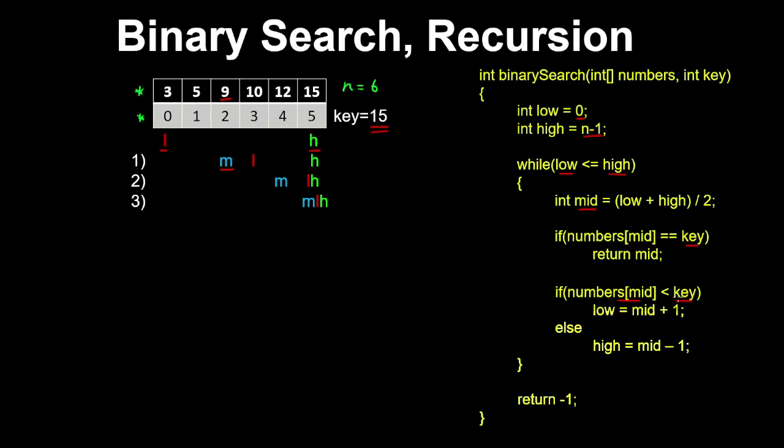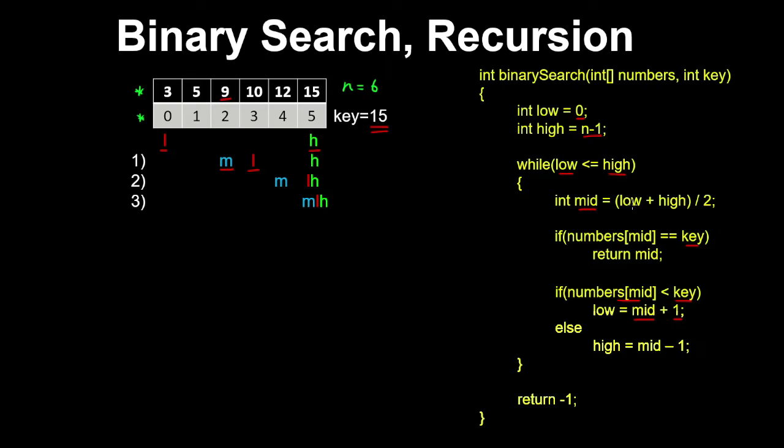And that's true, so we set the low index to be the middle index, which is 2, plus 1 gives 3. So effectively, we're eliminating half of the array in each iteration until the desired value is found or all the elements have been eliminated. So let's continue to the next iteration.